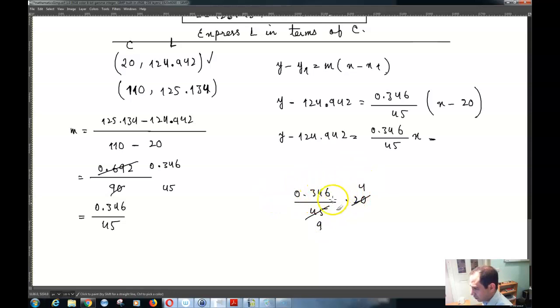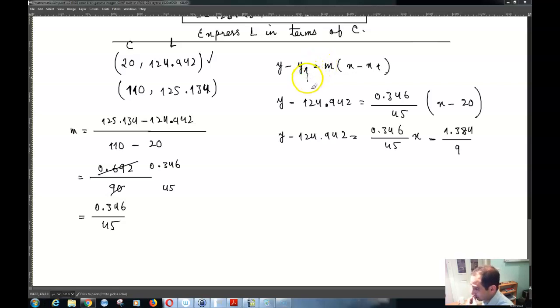So 346 times 4 gives 1.384, divided by 9. 1.384 is not divisible by 3, so that is the same thing as 1.384 divided by 9, and that is basically your equation.